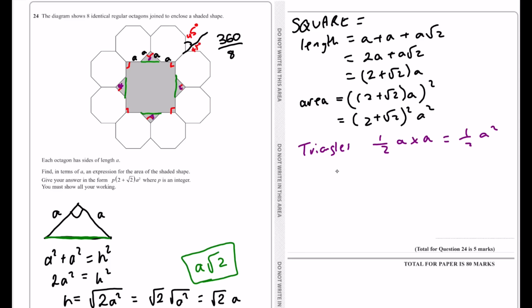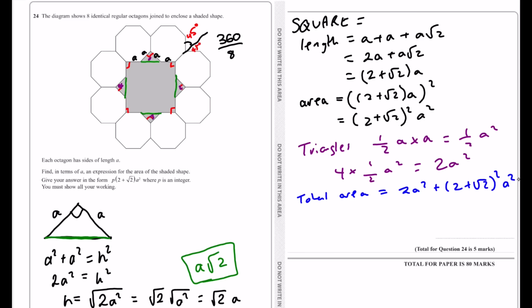But there are 4 of them, so 4 times half a squared is 2a squared. So what do we have? So the total area now is 2a squared plus 2 plus root 2 squared a squared.